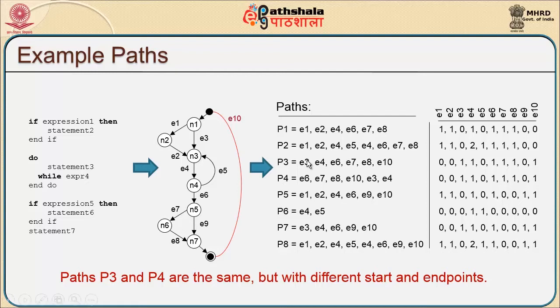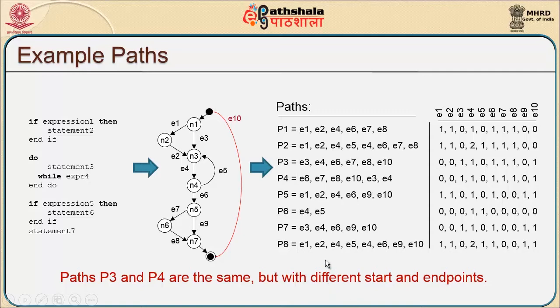So in this particular case, when you go back and check, the condition is to test at least once, which means I should have tested with all the independent paths at least once. So I can execute either P3 or P4.